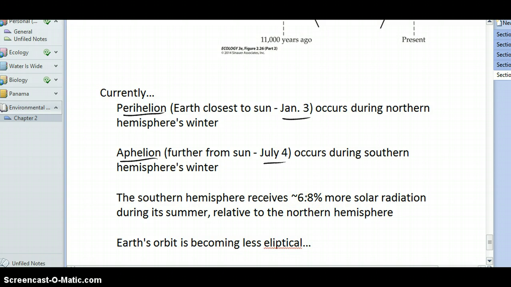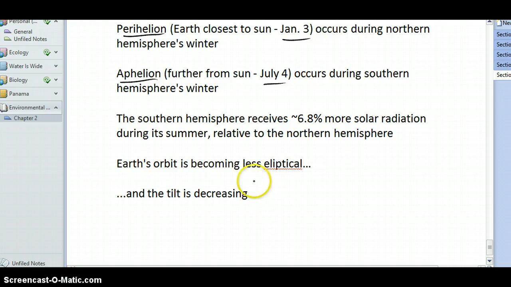Because the Earth is closest to the sun during the southern hemisphere's summer, the summer in the southern hemisphere receives more sunlight, more energy from the sun than the northern hemisphere does during its summer. So southern hemisphere summers are basically warmer than the northern hemisphere summers.